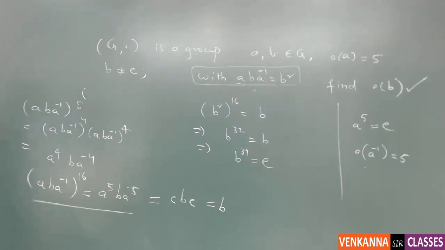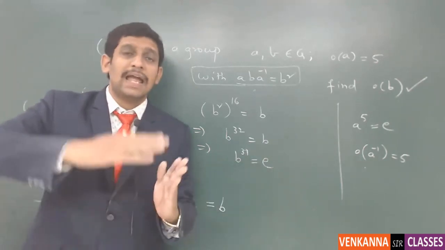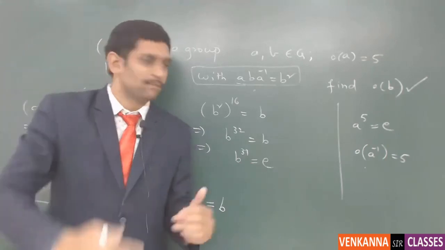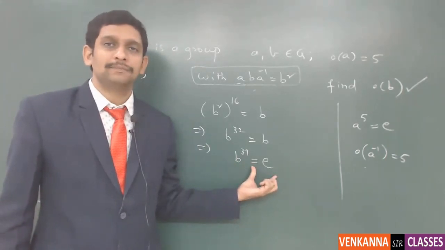Agree? At this position, I have substituted the value of b square, which is given in the problem. Now here, if you observe, I have raised the powers of b, and at this power I got identity.